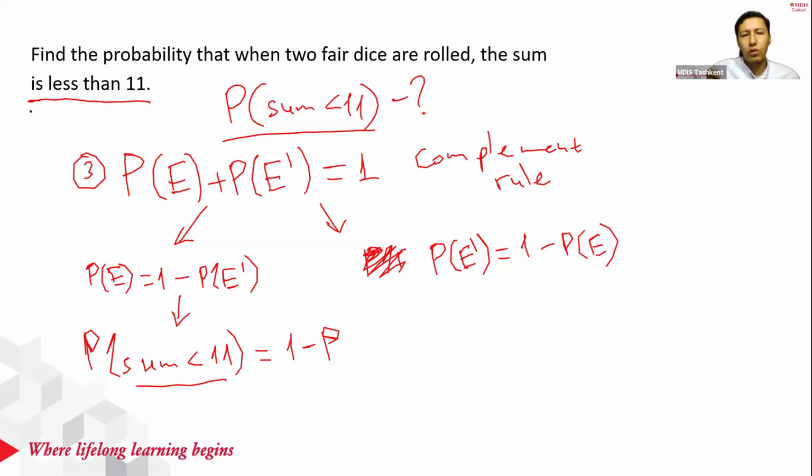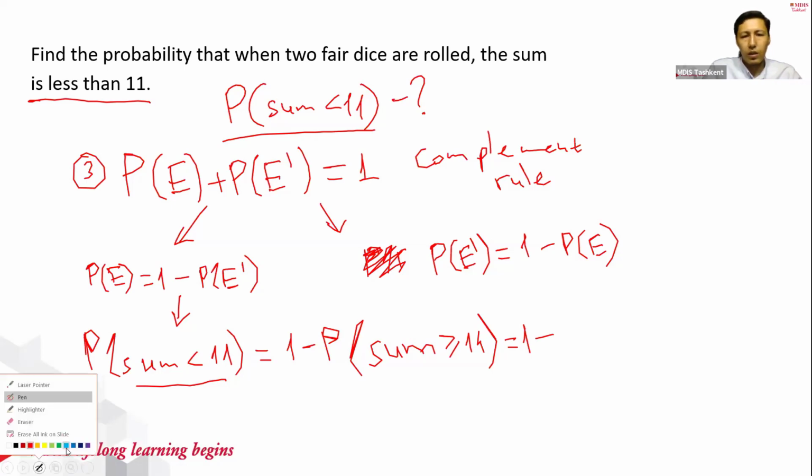Okay, you just put not there. So that means sum is greater or equal to 11. So that's equal to 1 minus. Now you see, instead of counting 33 elements, we can just count these 3.